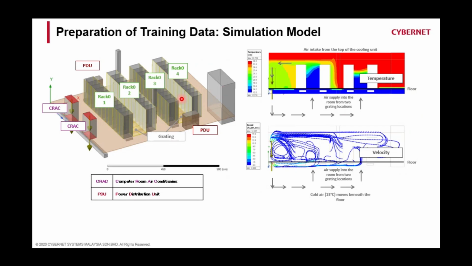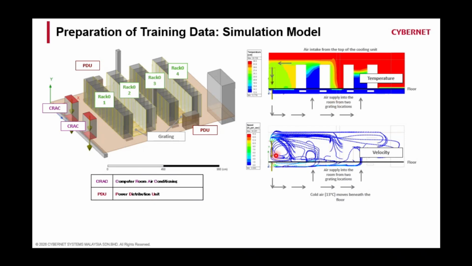As I mentioned, you need to have your data center model set up in the CFD, and then you perform the calculation on that, whether it's transient or steady state. This is where you get the result from. On the temperature side, you get to know where the high temperature is and where the cooler temperature is, with the colors.